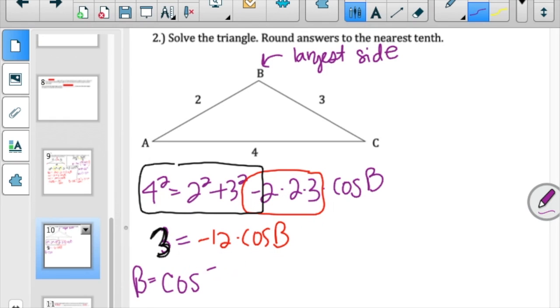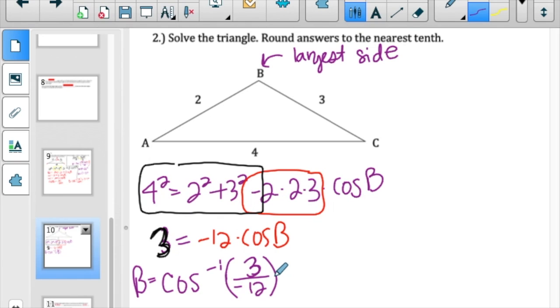B equals the cosine inverse of what? 3 divided by negative 12, yes. It's a positive 3 on top though. Okay, so divide by that negative 12 to get B by itself, you have to do the cosine inverse. So cosine inverse of 3 divided by negative 12.